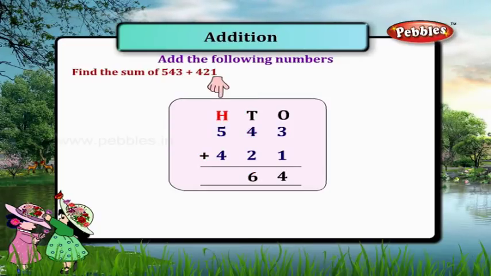Add the hundreds. 5 plus 4 is equal to 9. So the sum of 543 and 421 is equal to 964.